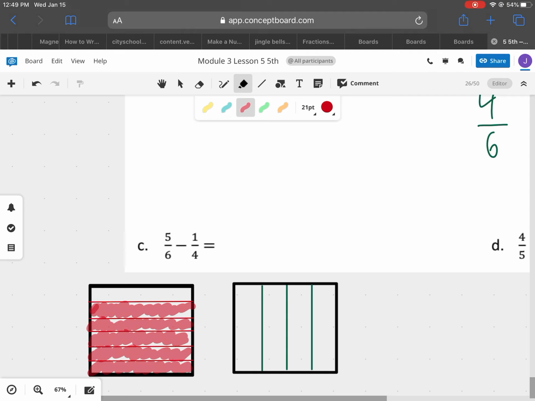All right, and on the right one, I'm going to shade in 1 out of the 4. So this is giving me 1/4, and this is giving me 5/6.